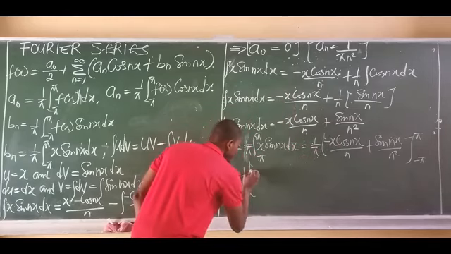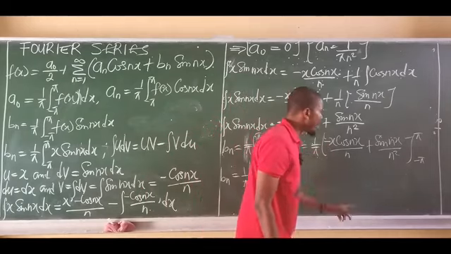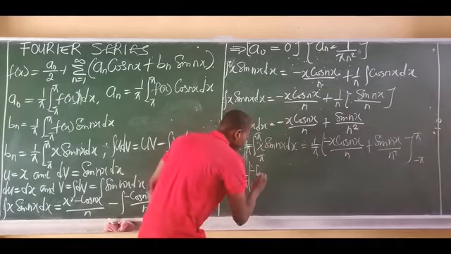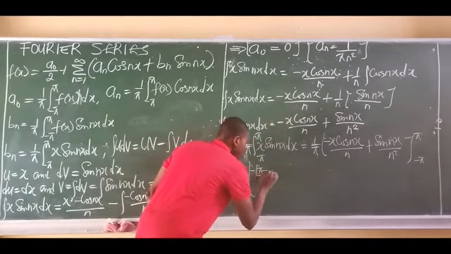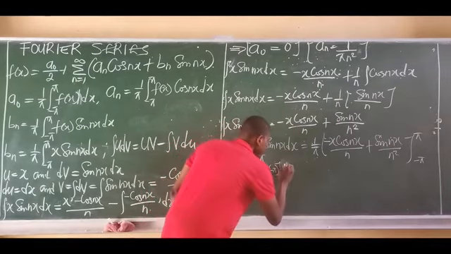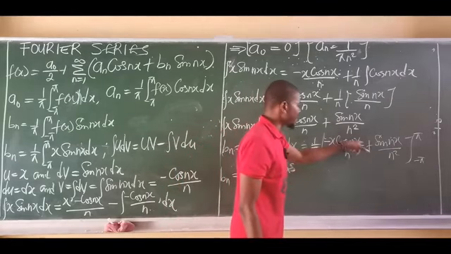So you put it out first, minus, open a bracket. Now in place of x, upper limit is pi, minus lower limit is minus pi. So I have upper limit pi minus lower limit, which is minus pi, times cos nx.